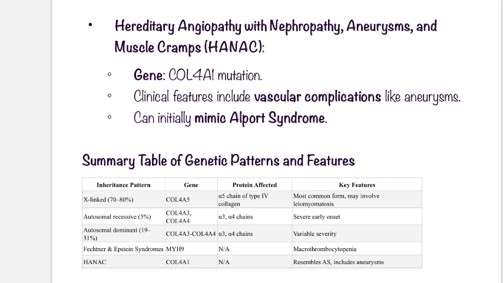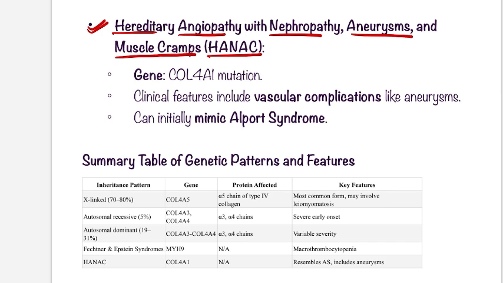Another important syndrome which mimics Alport syndrome and creates diagnostic confusion is HANAC. The full form is hereditary angiopathy with nephropathy, aneurysm, and muscle cramps. Basically, this is a combination of kidney and some cardiovascular anomalies.